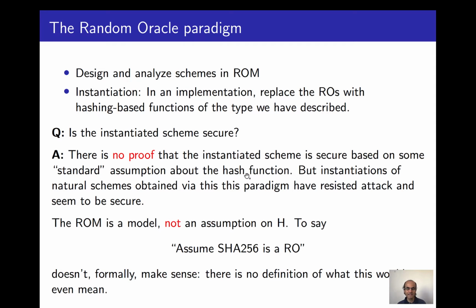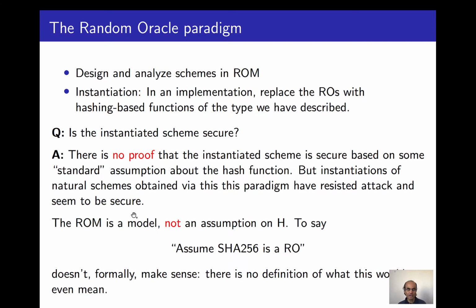However, in practice, this paradigm seems to work. Instantiations of at least natural cryptographic schemes obtained in this way with good hash function based implementations of the random oracle in fact have resisted attack and seem to be secure. But nonetheless, there is a gap here that's good to understand a little better.